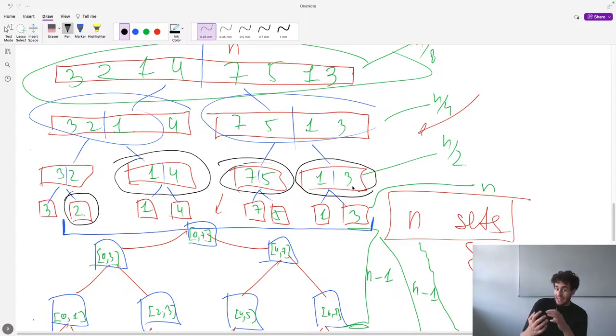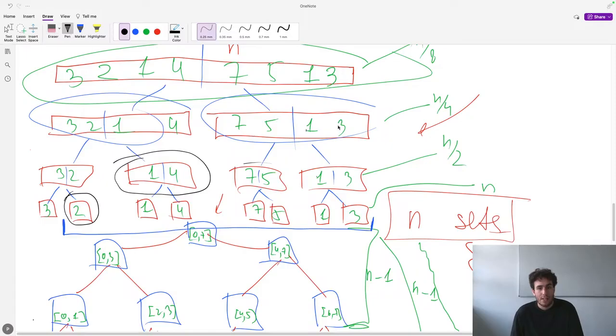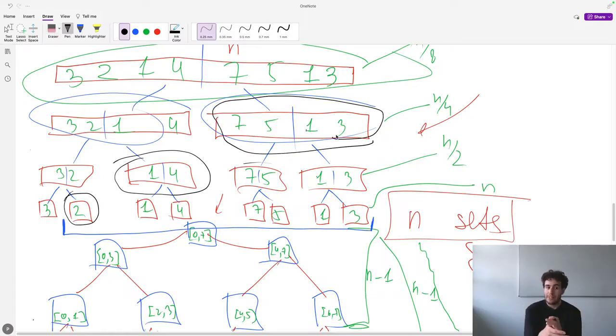But now I again have 2 segments that are siblings. So instead, I can take their parent. And now I again have only 3 segments to represent a very long segment of length 7, right? So I have elements 2, 1, 4, 7, 5, 1, 3, but I only have 3 segments. This one represents 2, this one represents 1, 4, and this one represents 7, 5, 1, 3.